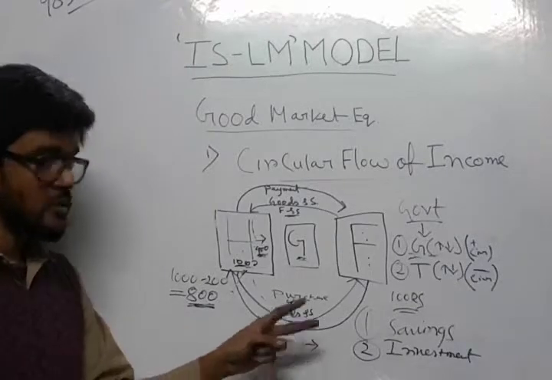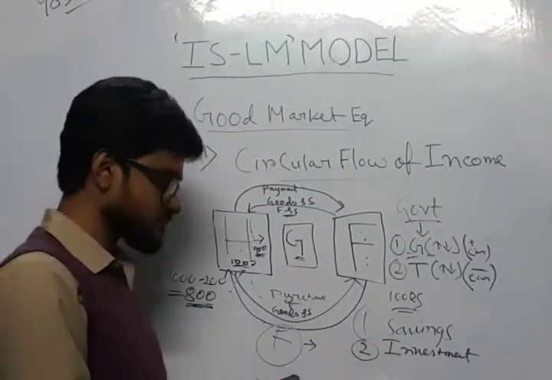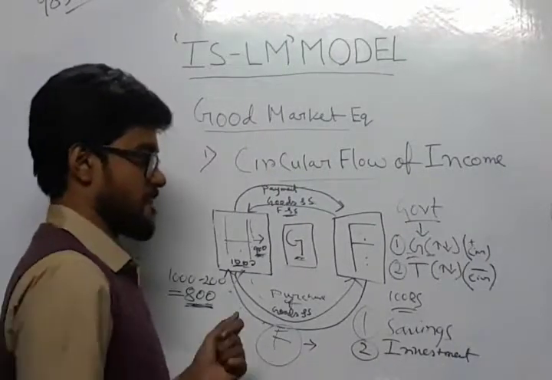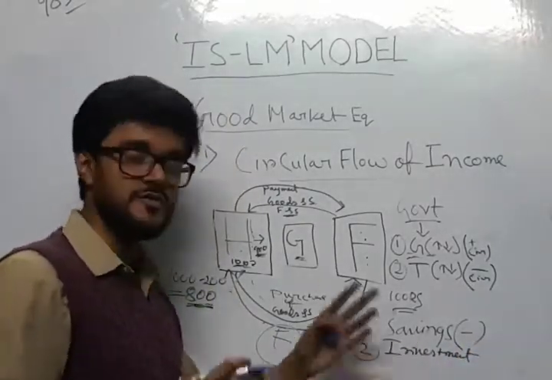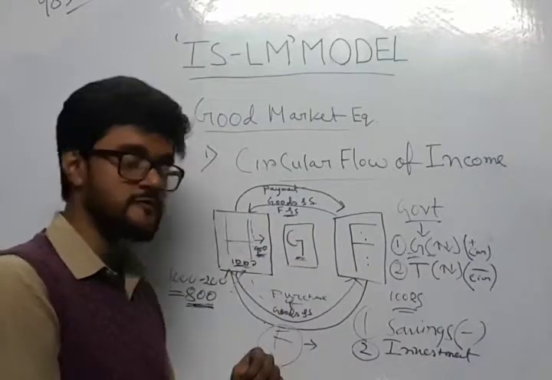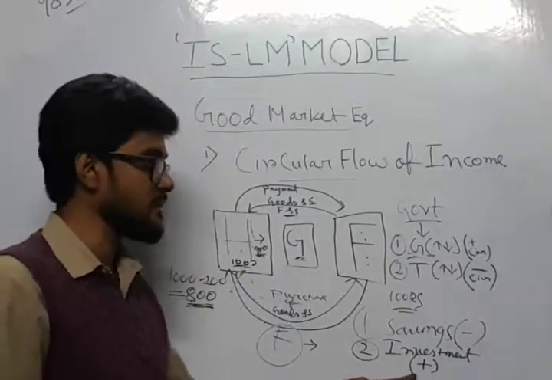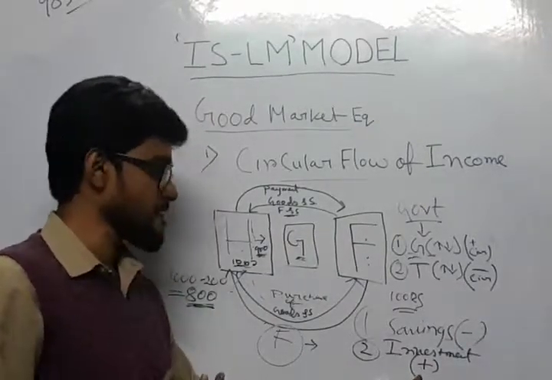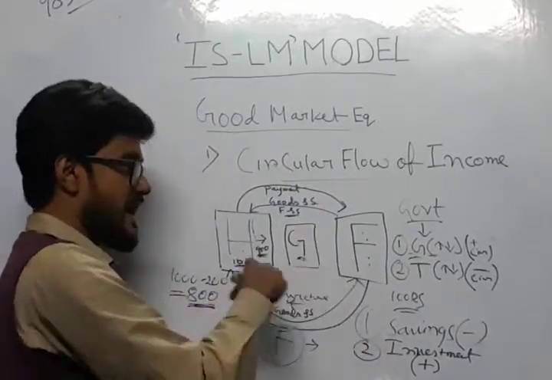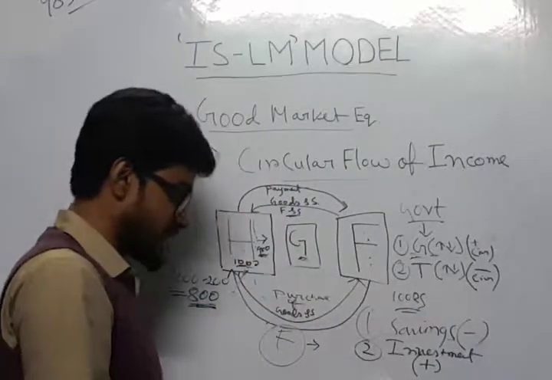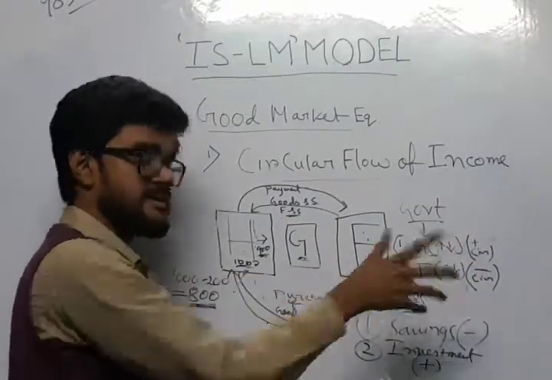Now we have two specific terms to define this. I will give a minus sign here for savings, because due to savings there is reduction in the circular flow of income, and I will give a positive sign for investment. What is happening? Because of investment, as you can see, it adds up to the circular flow of income. Now we have two specific terms to define this plus and minus sign.